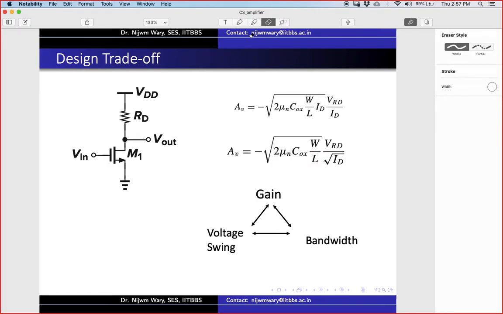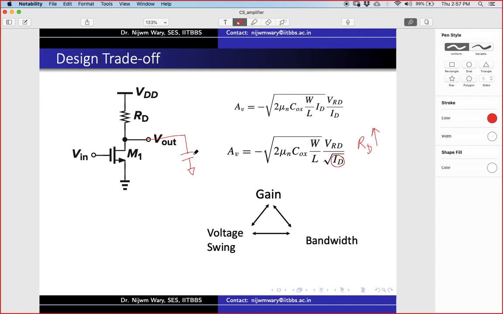Now the other thing is, if I try to decrease this ID, I need to keep this constant, so I need to increase my RD, right? If I am decreasing this current, I need to increase the RD so that this remains constant. But if I increase this RD, definitely it will also be driving some capacitance.